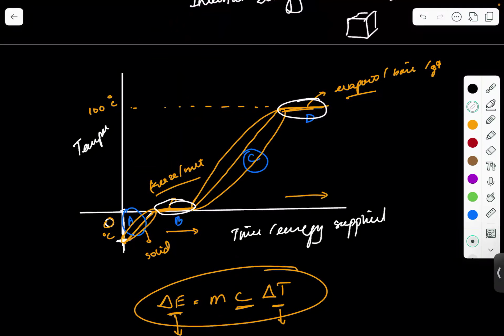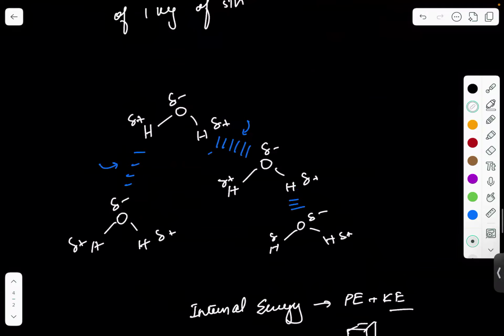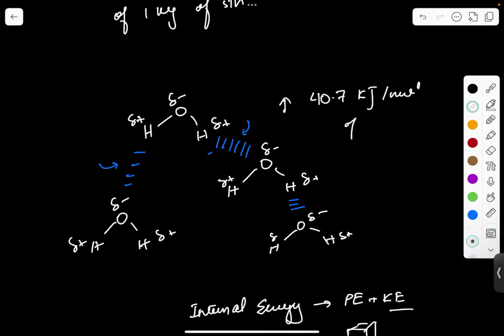Why is that important? Look at this, the diagram I drew. When I apply roughly 40.7 kilojoules per mole of energy, I start to break these bonds.